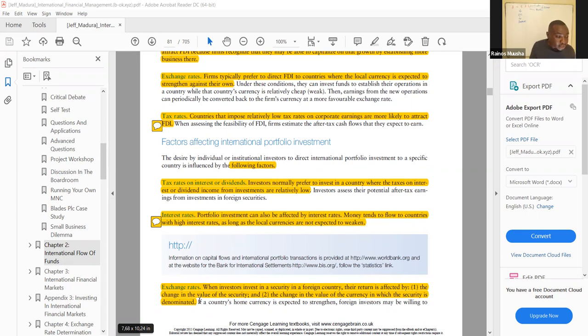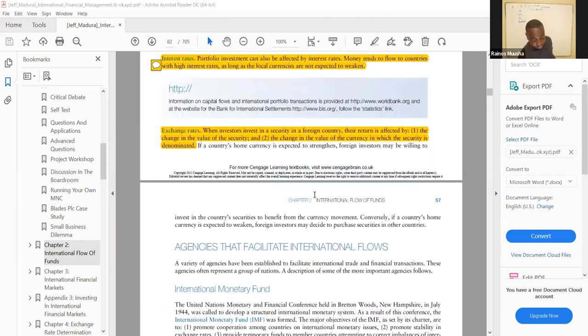For example, if your investment gives you a net positive return of, let's say, 5%, but your home currency depreciates by 10%, it would mean overall your investment is going to go down by 5%, even though where it's invested, it's giving you positive returns. So it can be negatively affected by what? By movements in exchange rates. So you need to take into account movements in exchange rates when you're looking at portfolio investment.